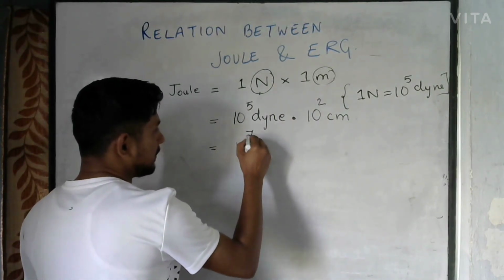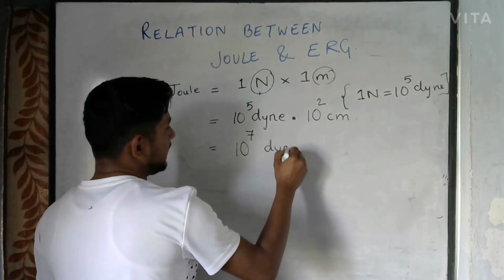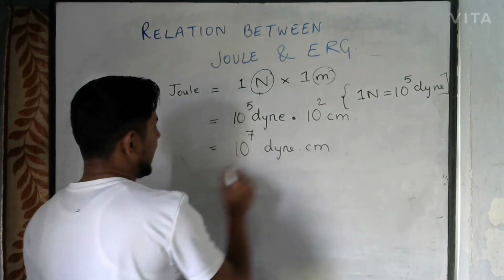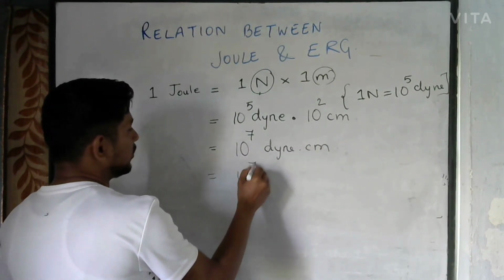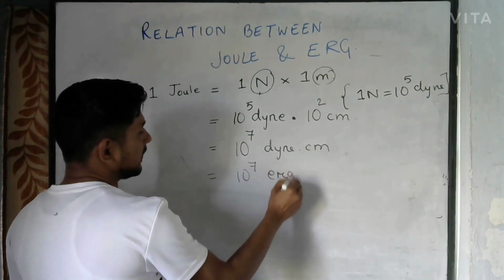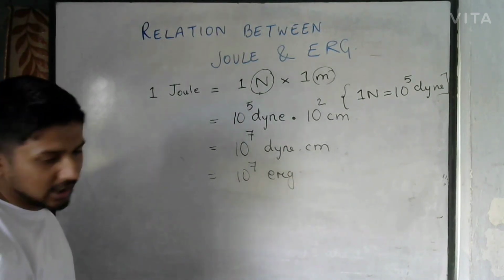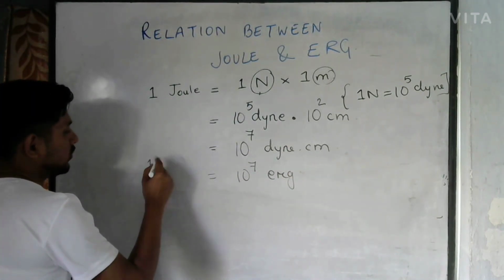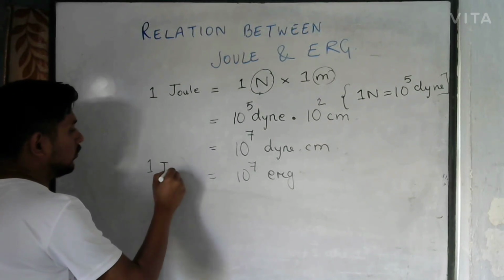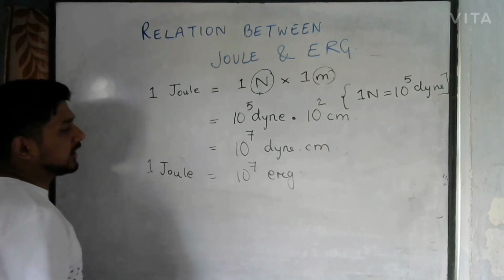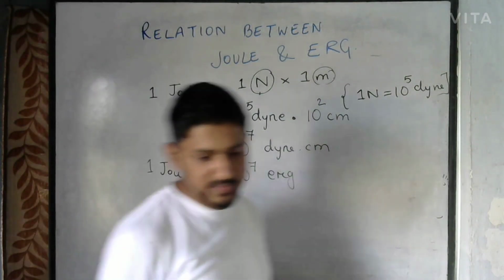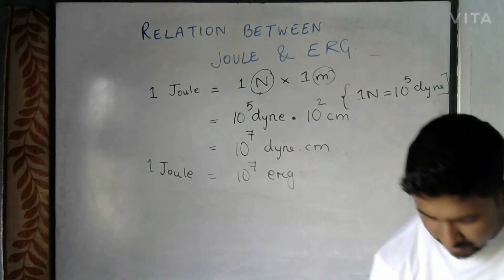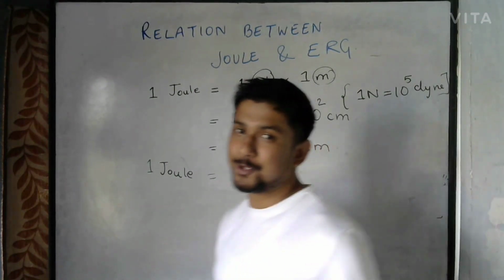It's coming as 10 to the power 7 dyne centimeter, and that is equal to erg. So that means 1 joule will be equal to 10 to the power 7 erg. I hope this is also clear. Again, the same process. Just pause the video and write it down. Okay, thank you.